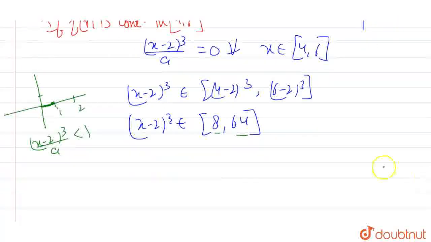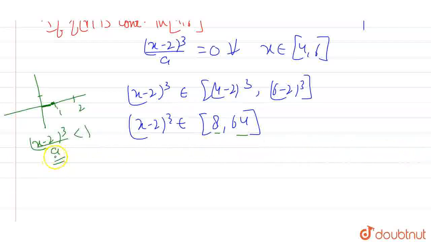So to make the value less than 1, we need a to be greater than the highest value of this function, which is 64. (x minus 2) whole cube is at most 64, and the denominator a should be greater than 64.